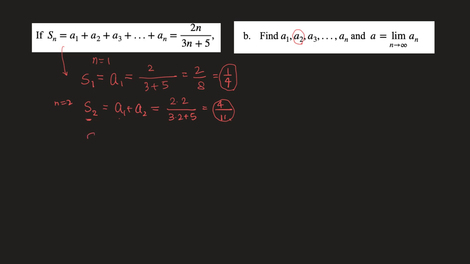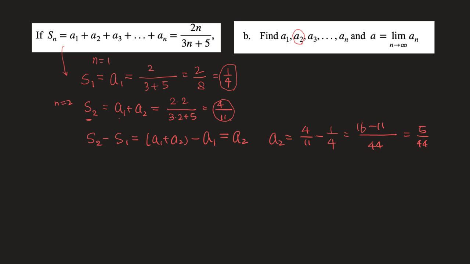Now S2 minus S1 is a1 plus a2 minus a1, which is a2. So a2 is 4 over 11 minus 1 over 4. With common denominator 44, that's 16 minus 11, 5 over 44.